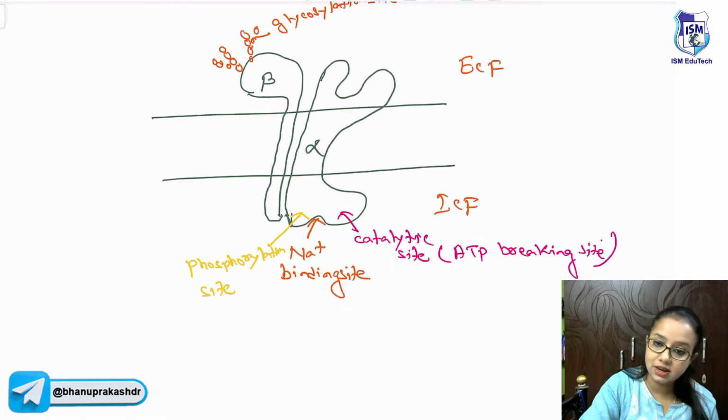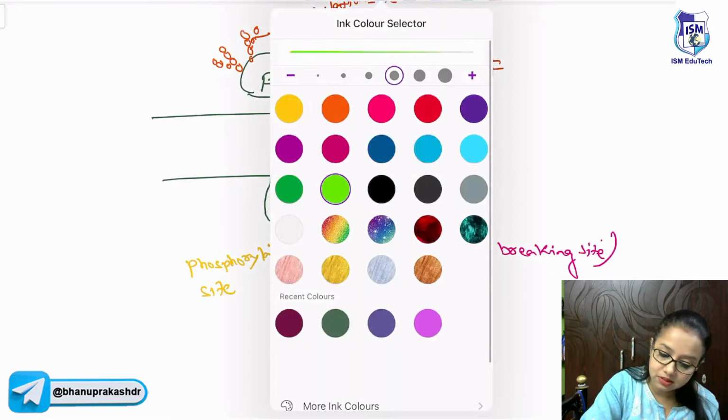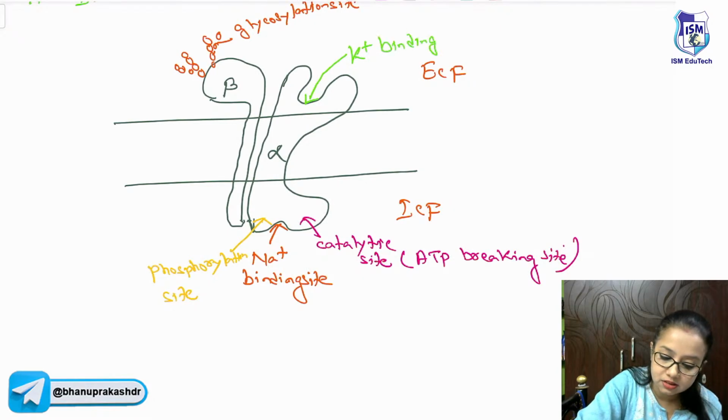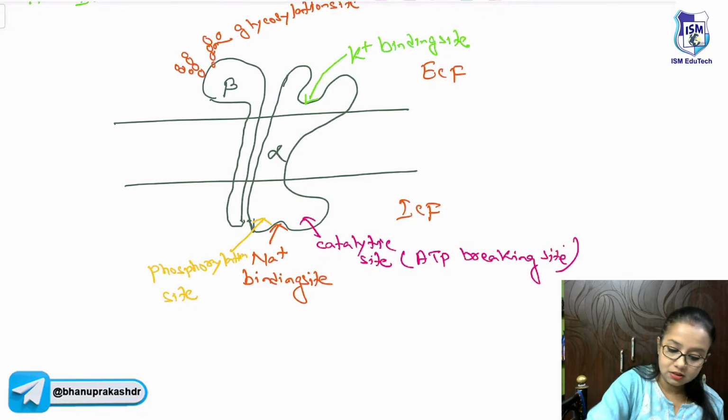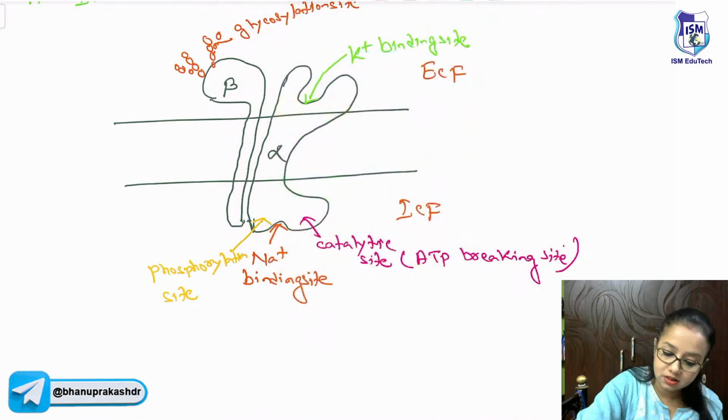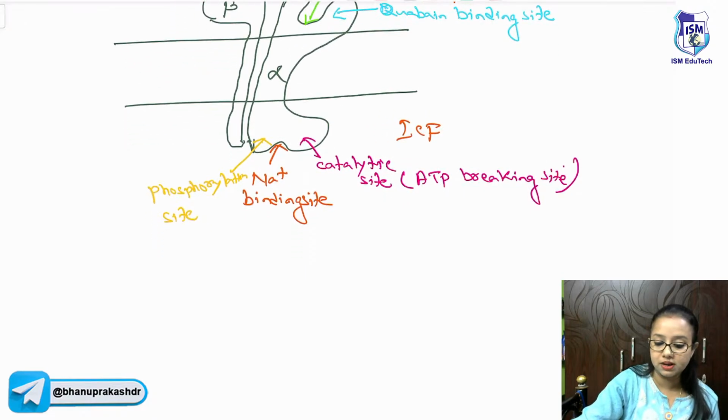Now here the side facing towards the ECF, it has got the potassium binding site, and very close to the potassium binding site, what we have is the covalent binding site. There are like covalent binding site.